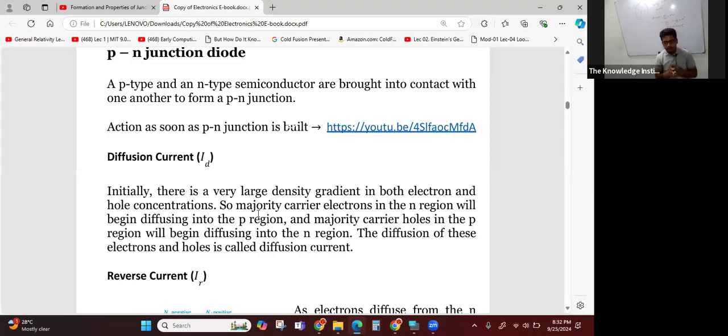Majority carrier electrons in the n region, meaning the n-type semiconductor region, will begin diffusing into the p region. Majority carrier holes in the p region will begin to diffuse into the n region. The overall result of this diffusion of electrons and holes is known as the diffusion current.